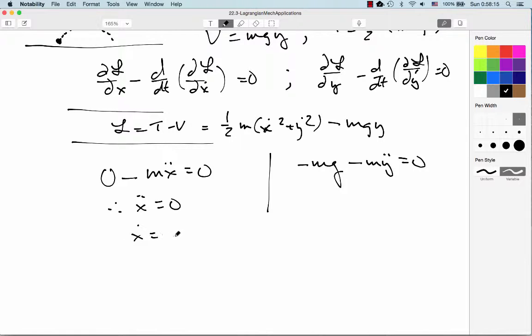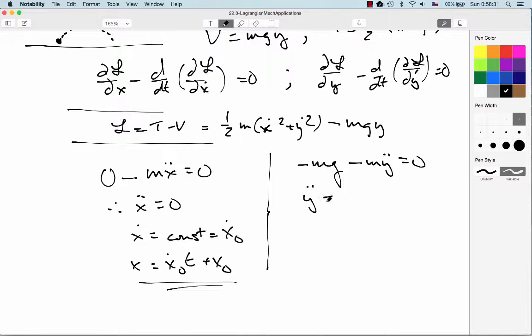Therefore, x dot is equal to some constant. Let's call that x naught dot. So we get that x is equal to x naught dot t plus x naught, integrating that. All right. Over here, we get that y double dot is equal to minus g. So integrating, we get that y dot is equal to minus gt plus y naught dot.